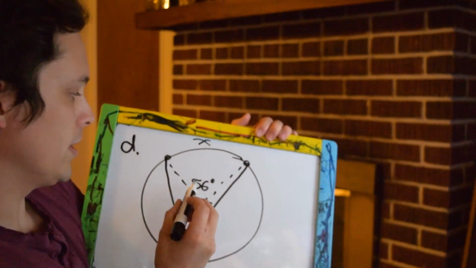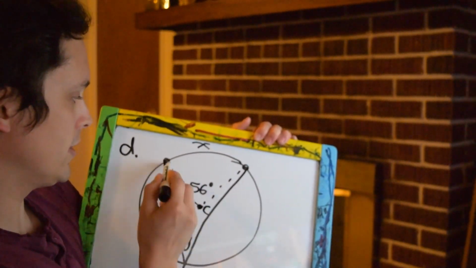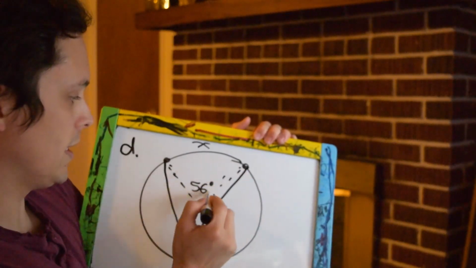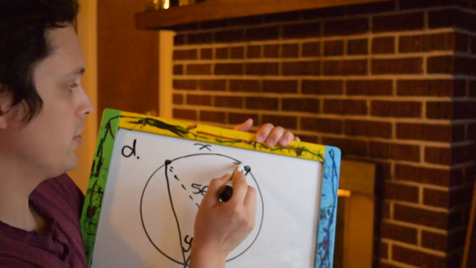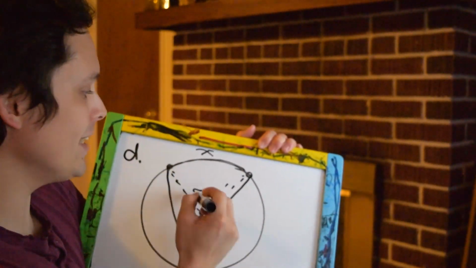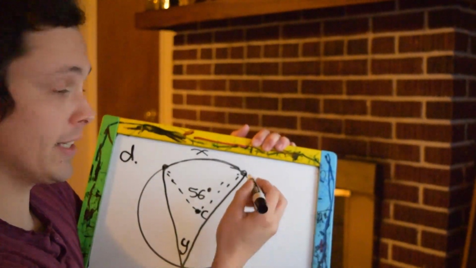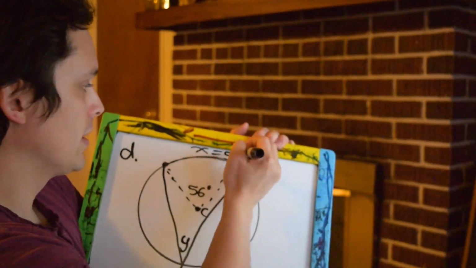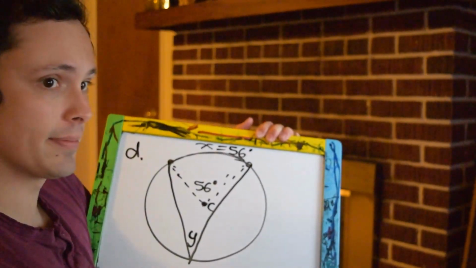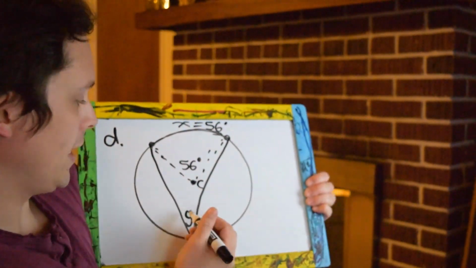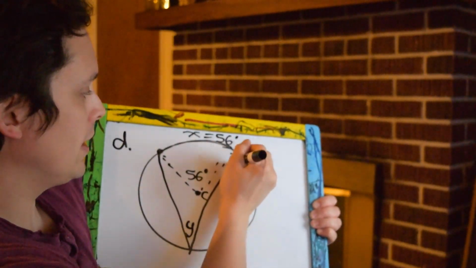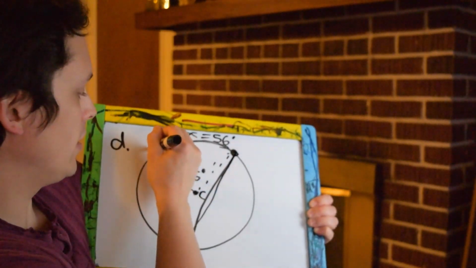Okay, the first thing we should notice is that this is the center of the circle, and these 2 points connect to it. So the arc measure between them is the same thing as that central angle. So x is 56 degrees. Y is an inscribed angle from that arc.